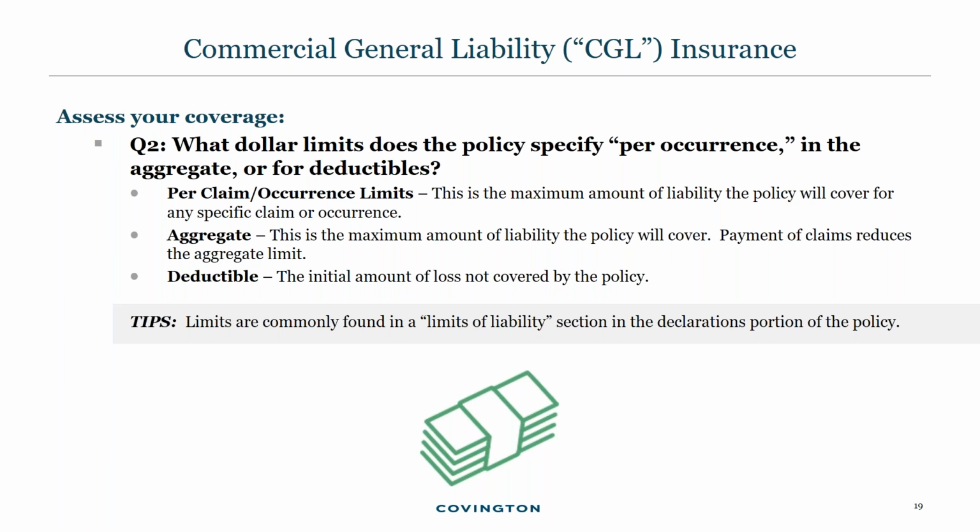The deductible, as mentioned by Laura, is the initial amount of loss not covered by the policy. You may see language about self-insured retentions, which function slightly differently, but in any event relates to amounts that you will need to pay. Tip here, limits are commonly found in a limits of liability section in the declarations portion of the policy.